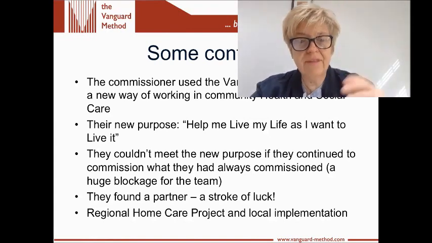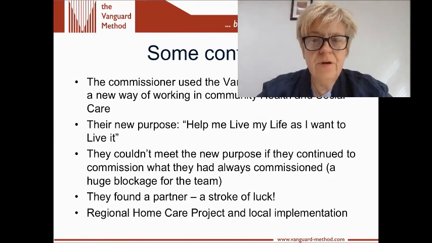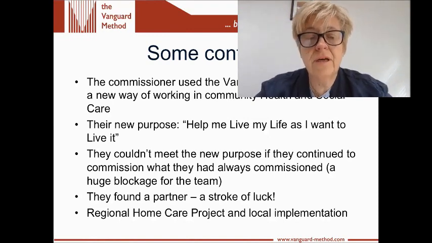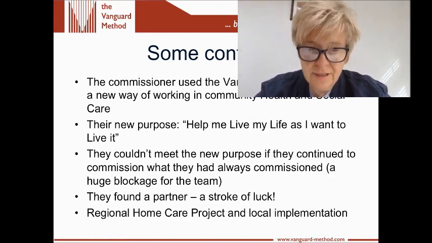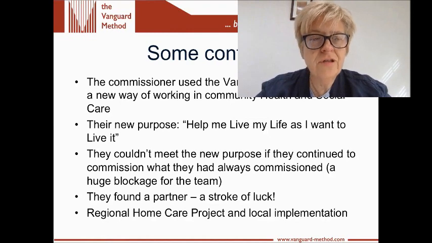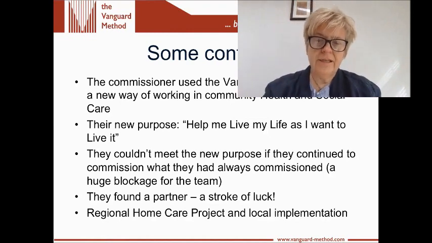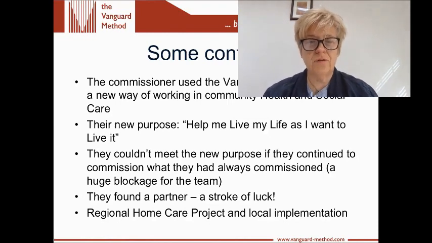And so they came to the purpose you can see: help me live my life as I want to live it, which really does sum up, when you hold understanding conversations with citizens, what matters conversations. This again and again and again is thematic. It comes through, and surprisingly, all of us as humans want this.